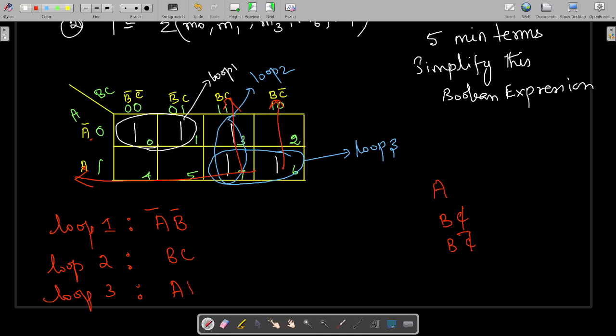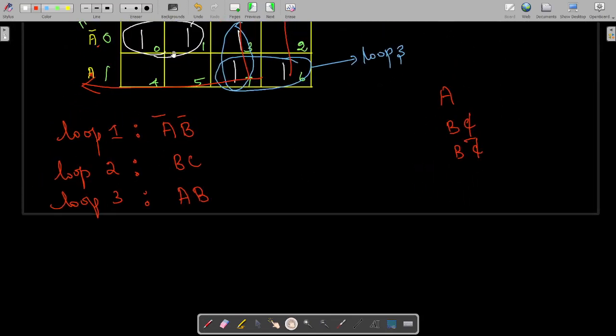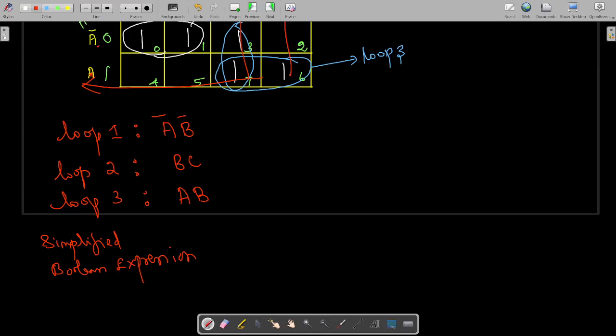So you will be getting AB alone. This is how we obtain the answer. The simplified Boolean expression is Y equals A bar B bar plus BC plus AB.